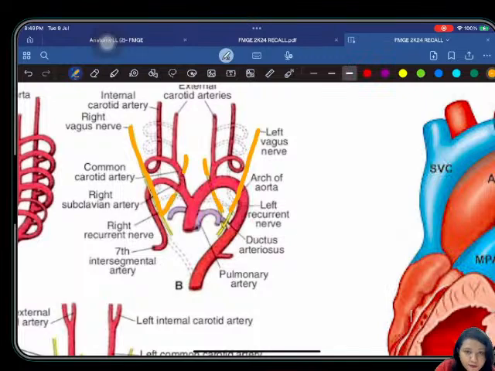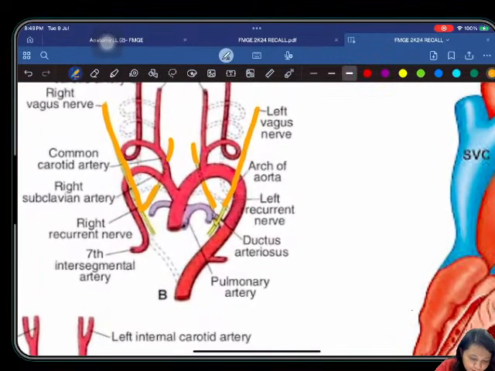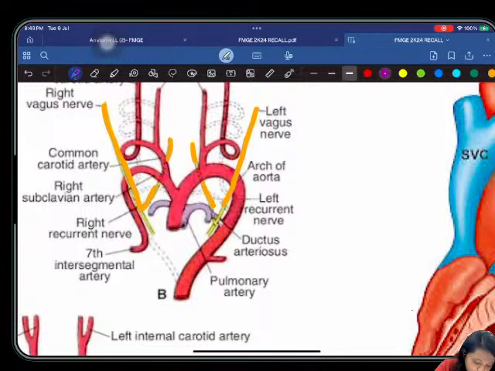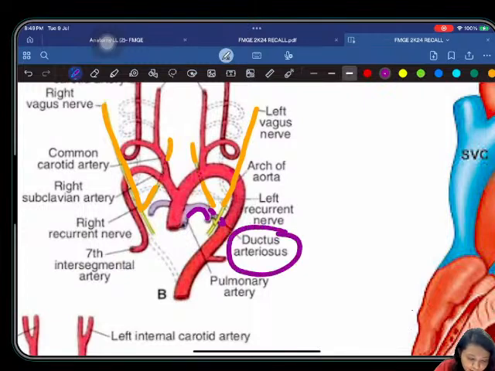Then you can see the ductus arteriosus at this region, as it is connecting here. So the ductus arteriosus is here, and the nerve related to this ductus arteriosus is the left recurrent laryngeal nerve.